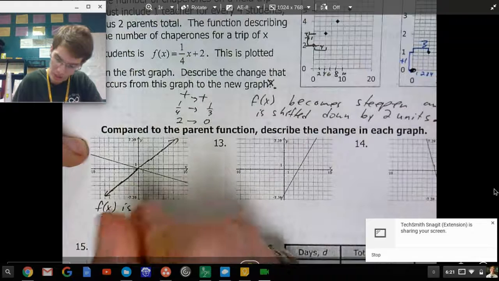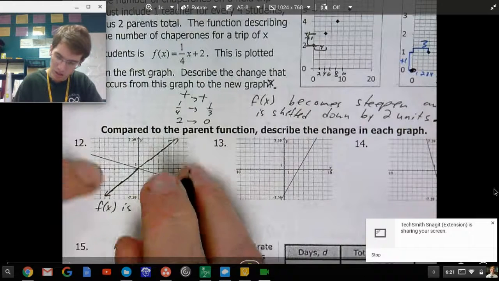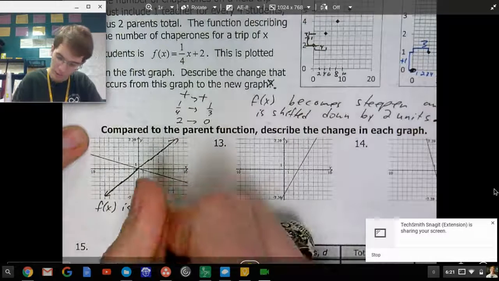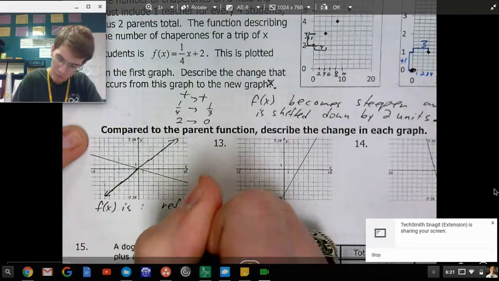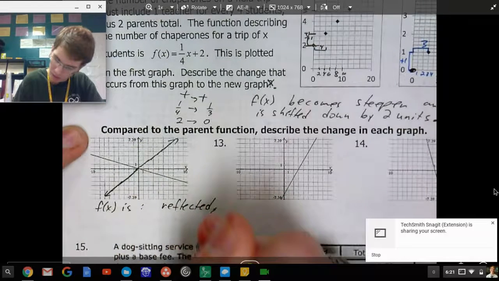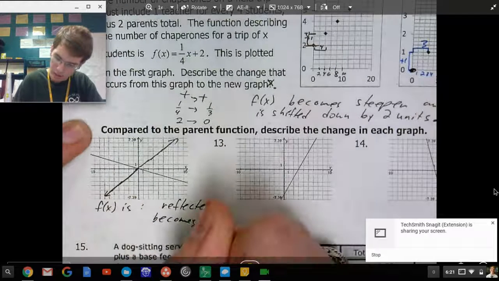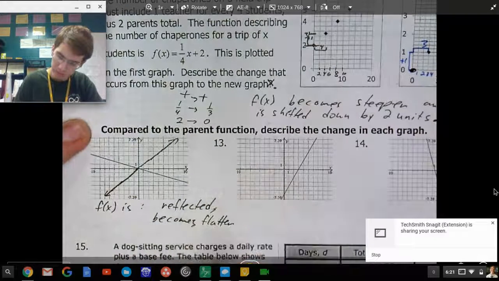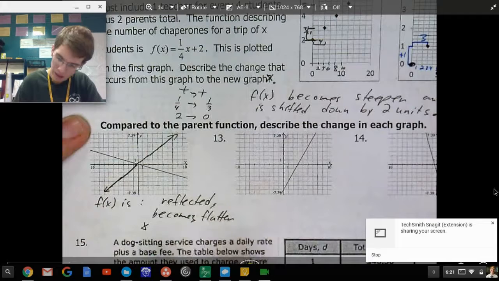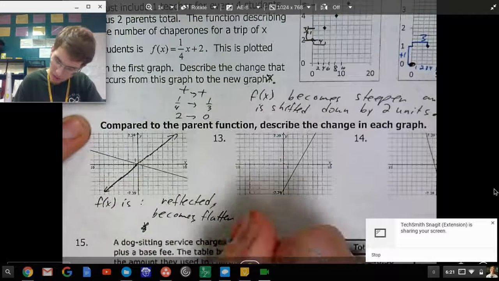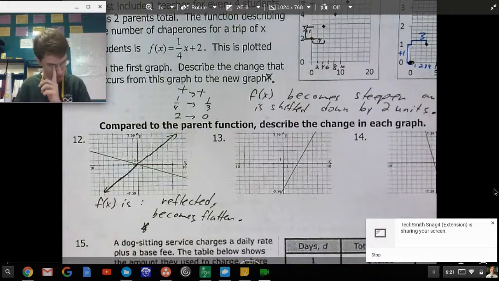So f of x to g of x looks like it's reflected. Looks like it becomes flatter. And, well, it's not shifted at all, so it just becomes flatter. So there we are.